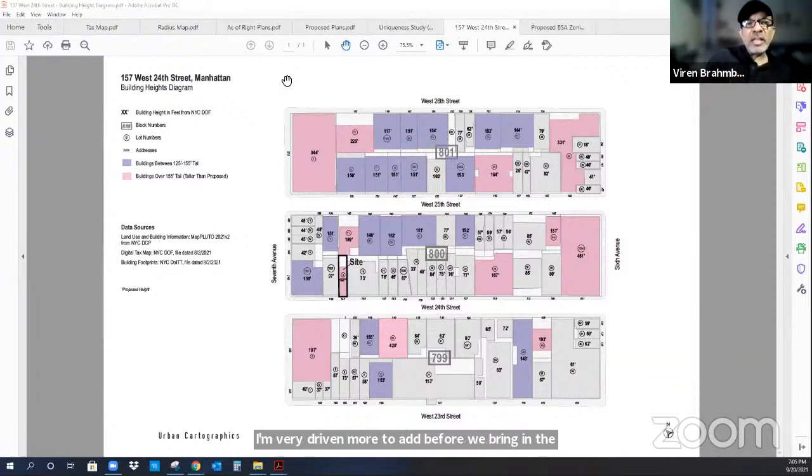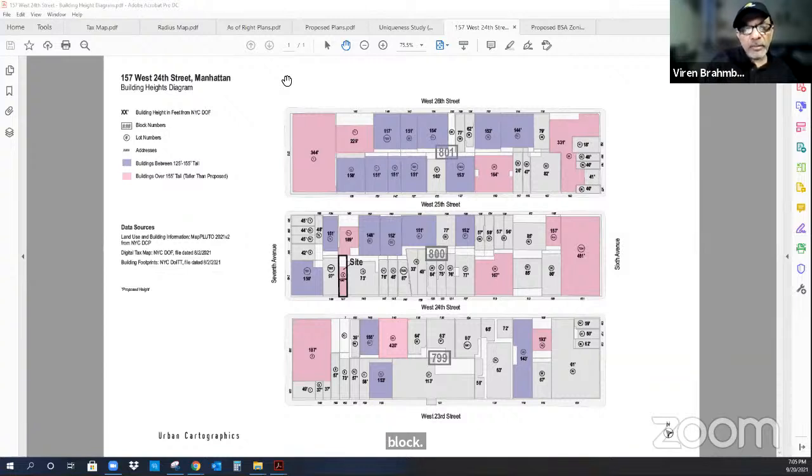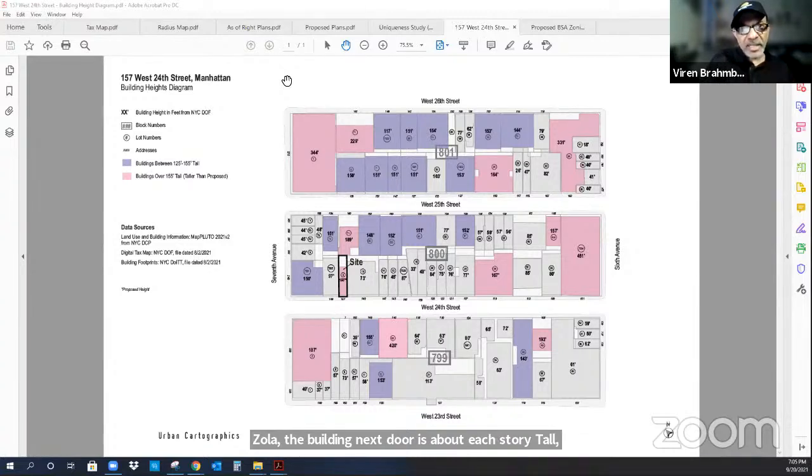Just one quick thing. I think somebody asked about the heights of the buildings on that block. I just looked up on Zola, the building next door is about 8 stories tall, and the building at the back is about 12 stories tall. So I'm thinking they could play with these numbers, because some of the older buildings have much better ceiling heights.